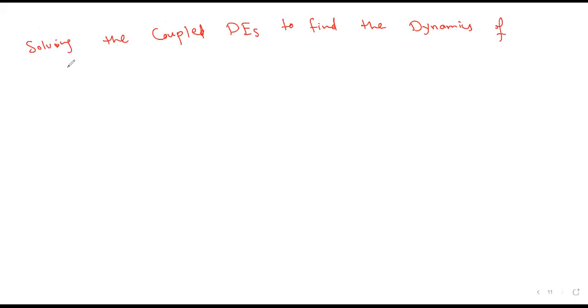Okay, so basically what we have to do is solve the coupled differential equations to find the dynamics of the two-level atom under resonant excitation.